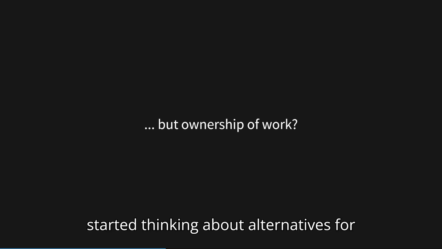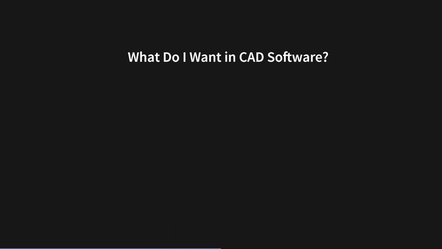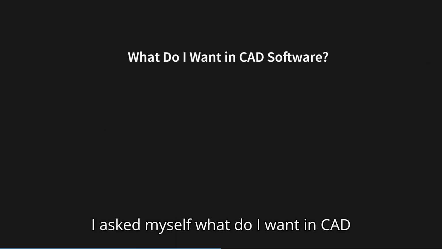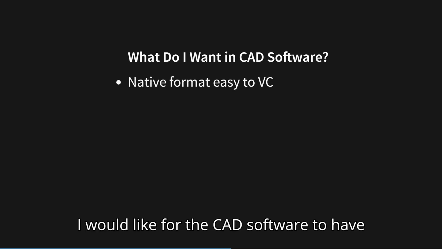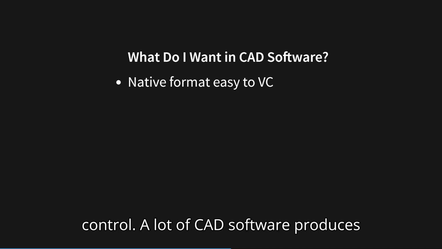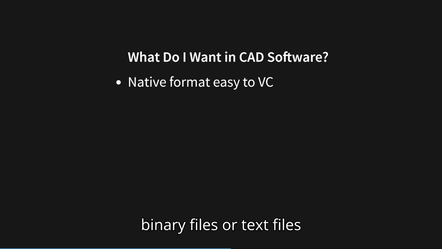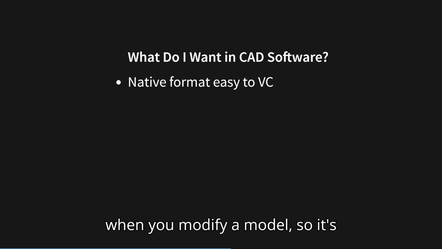So I started thinking about alternatives for that CAD software, and I asked myself, what do I want in CAD software? The first thing is I would like for the CAD software to have a native format that is easy to version control. A lot of CAD software produces binary files or text files that get completely changed when you modify a model.